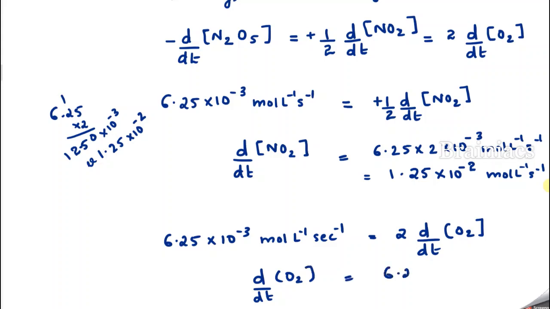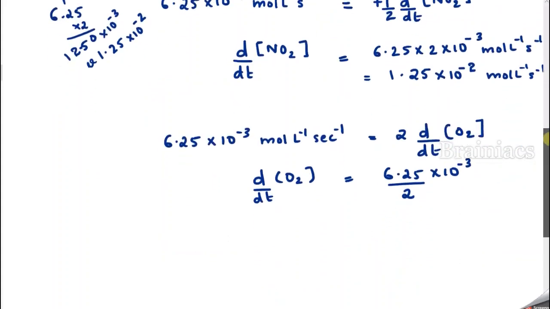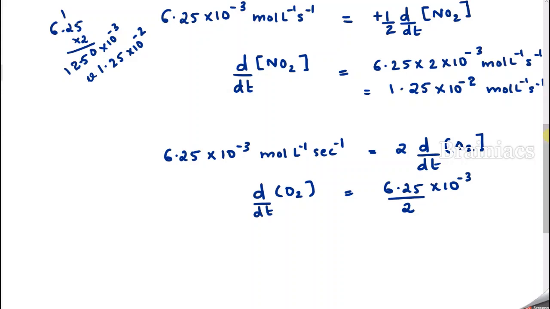So 6.25 into 10 power minus 3 divided by 2 will become 3.125 into 10 power minus 3 mole liter raised to minus 1 second raised to minus 1.